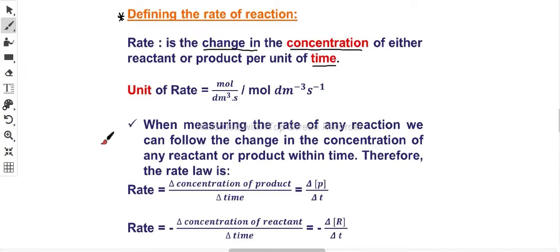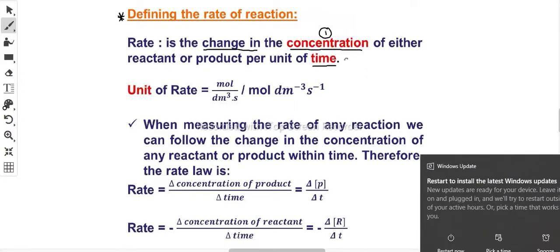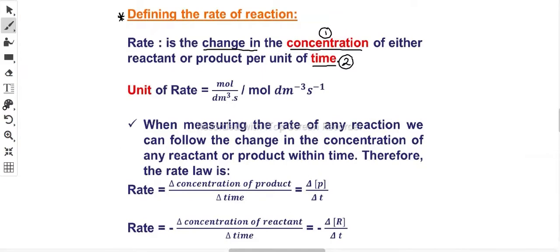So if we go back to the definition, we're going to find that the concentration change is so essential. And number 2, we have also the time, which is also very important. So if we want to go through the rate, we need to remember that it's the change in concentration per unit of time of the reaction.